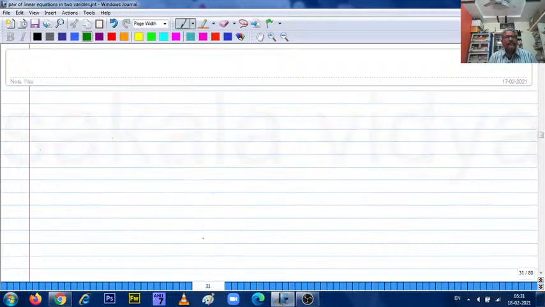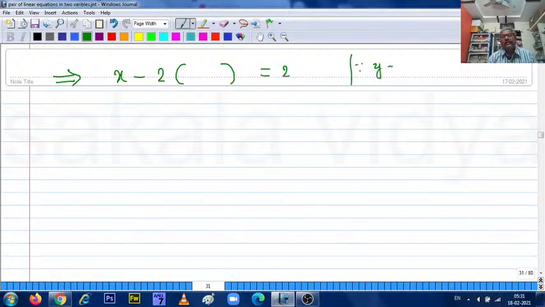That means we are going to get x minus 2 bracket equals 2, but instead of y, in the place of this bracket write 16 minus x. If you simplify, you will get the value of x.